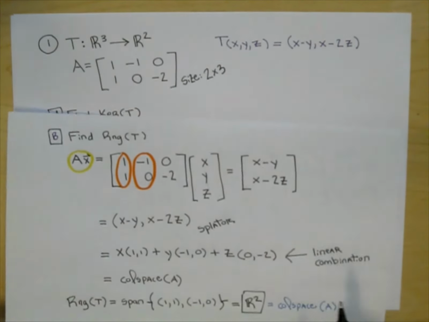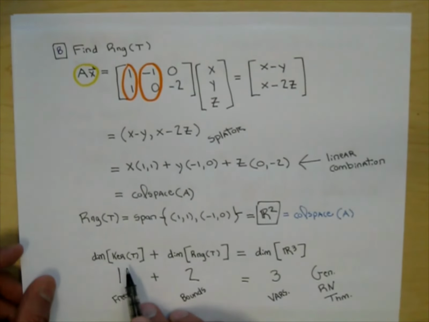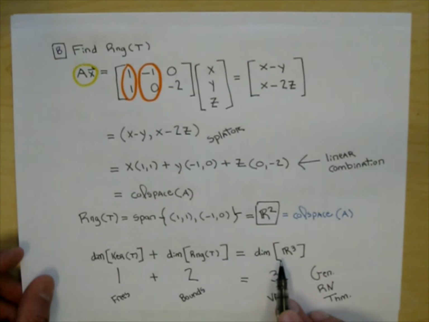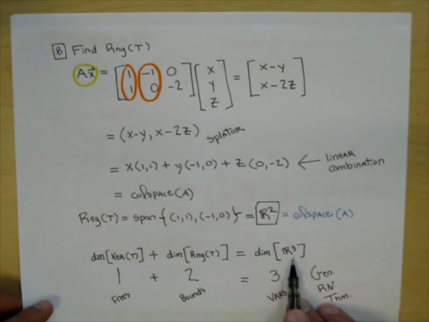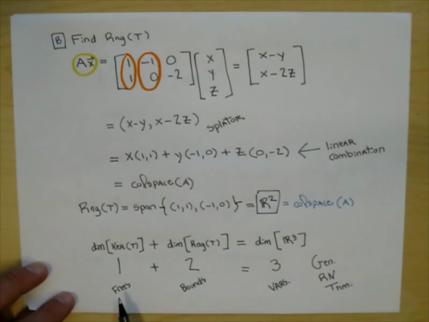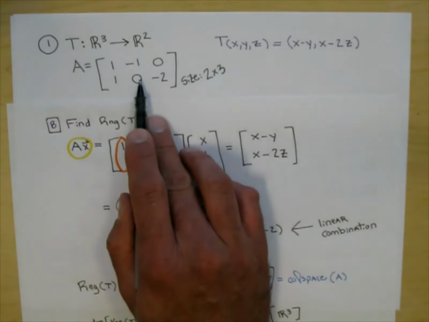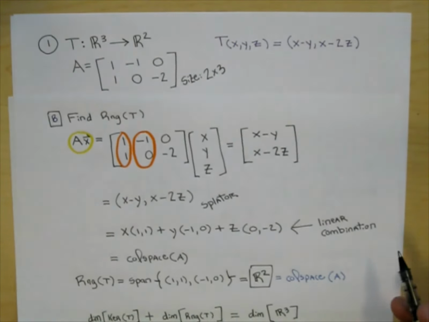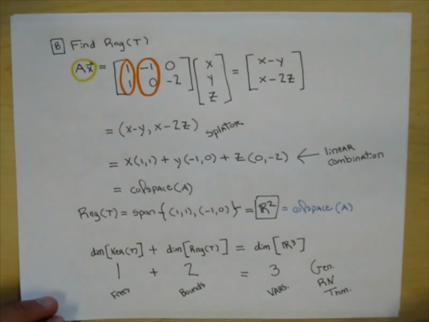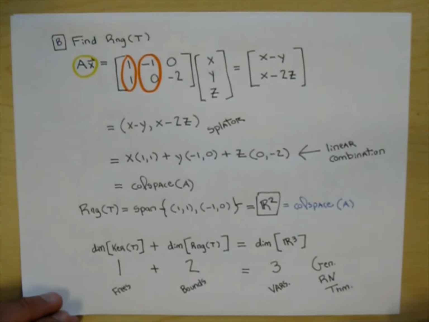So the general rank nullity theorem just says dimension of kernel plus dimension of range equals dimension of the domain. But it's still saying frees plus bounds equal the number of variables, the number of columns in your matrix. So that's why it's called the general rank nullity theorem, because now you're generalizing it to linear transformations.